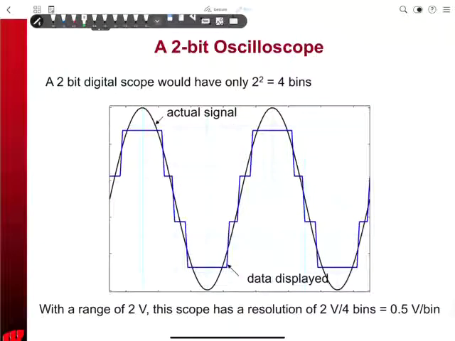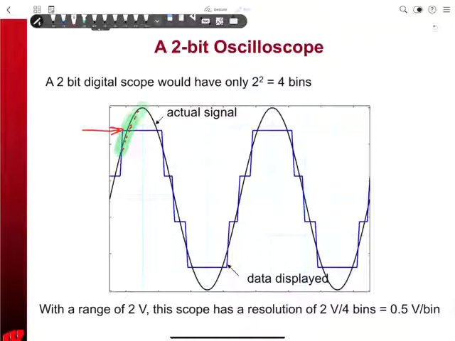For instance, if I had a 2-bit oscilloscope, get that 2-bit oscilloscope out of here. A 2-bit oscilloscope would mean I've only got 4 bins. So if I'm trying to display this signal here, the nice black sine wave, anywhere in here, all of these voltages in that shaded green region just show up as whatever voltage that is, because my oscilloscope only has 4 bins.